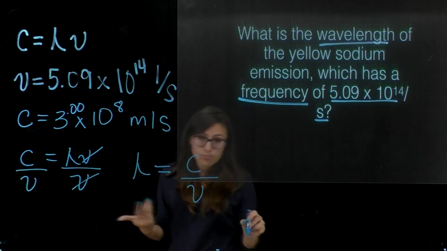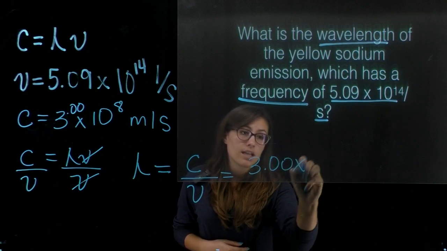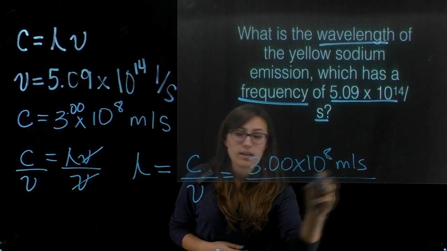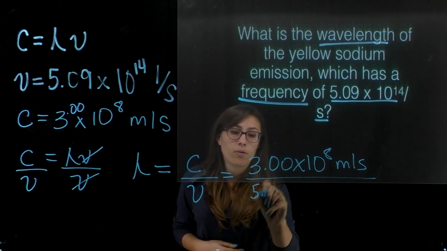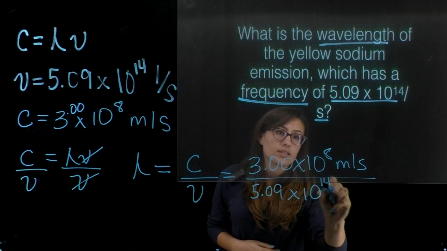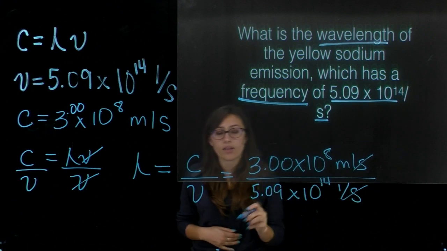Well, the next part that you have to do is just plug everything in. You put 3.00 times 10 to the 8th meters per second divided by our 5.09 times 10 to the 14th per second. So seconds and seconds will cancel out.